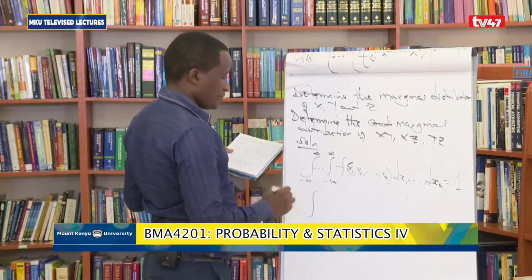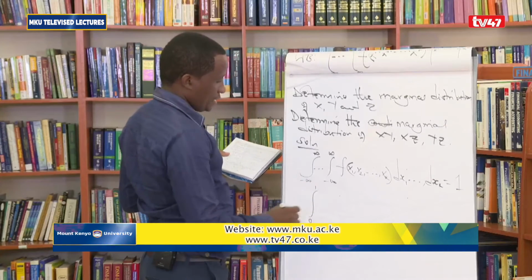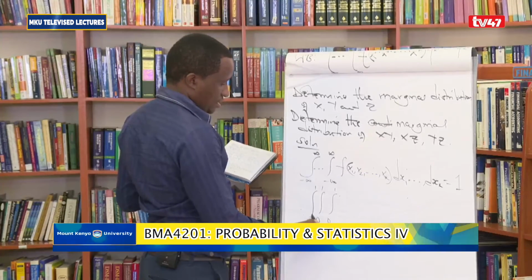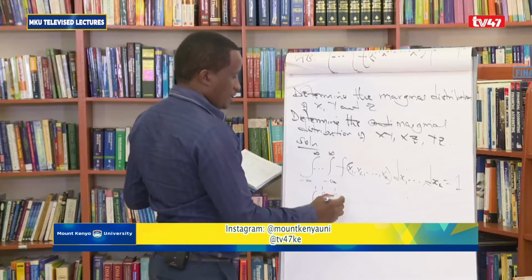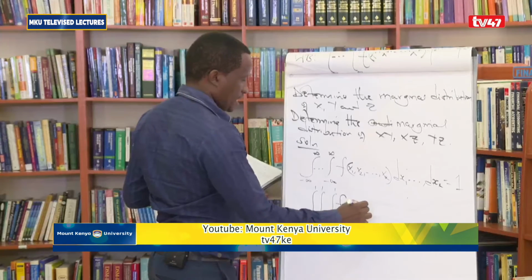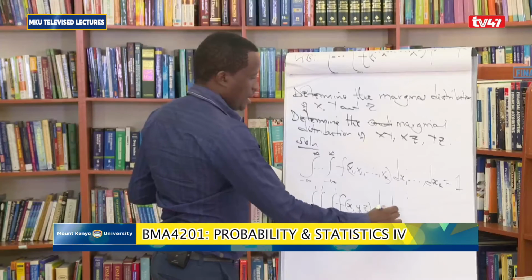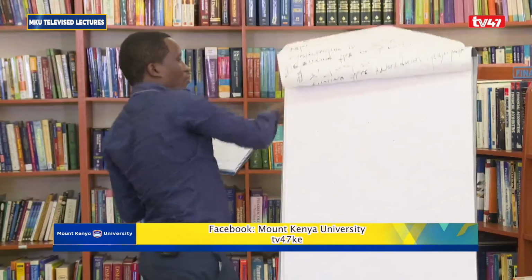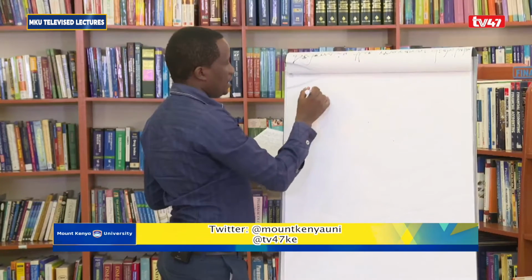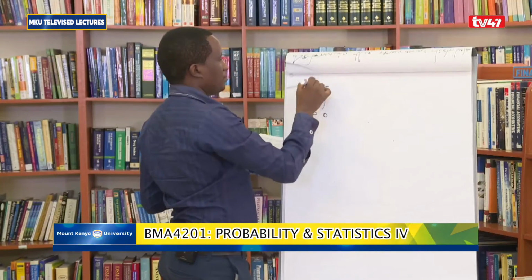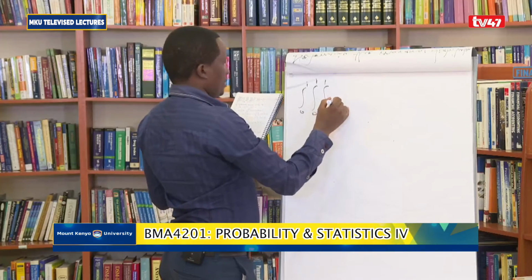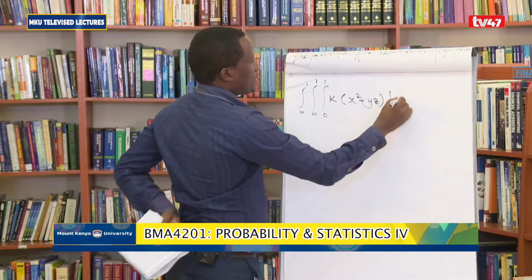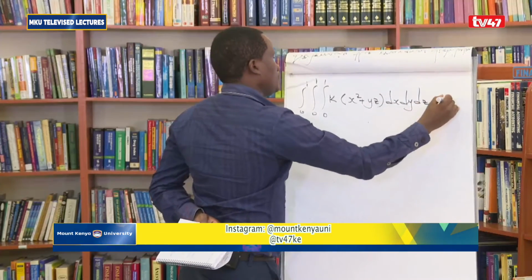Because all of them are in the interval 0, 1, the integral from 0 to 1, integral from 0 to 1, integral from 0 to 1, assuming x, y, z in that order going outside, of f(x, y, z) dx dy dz should be equal to 1. Making replacements for the distribution given, we have the integral of k(x squared plus yz) dx dy dz equal to 1.